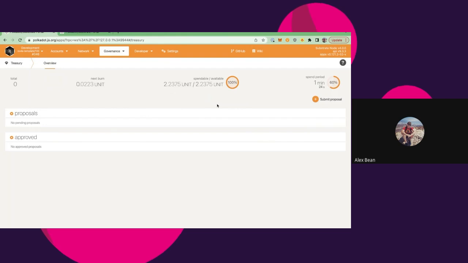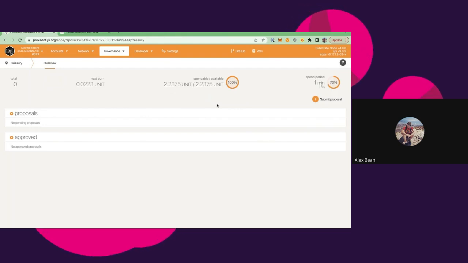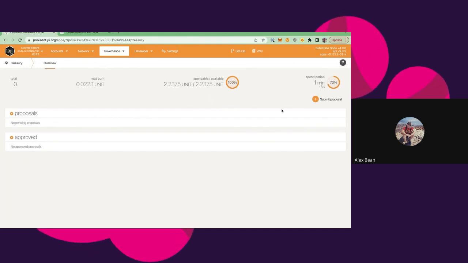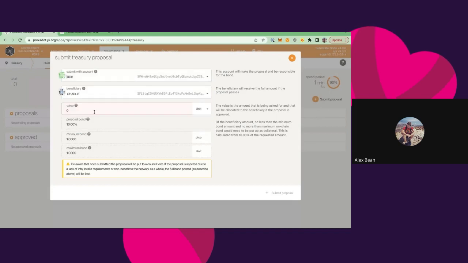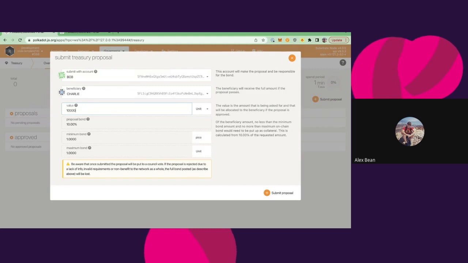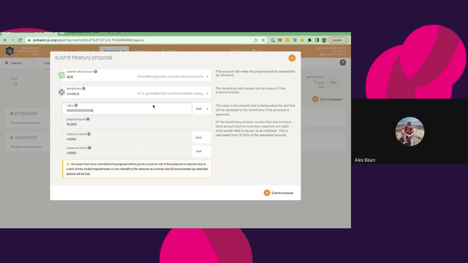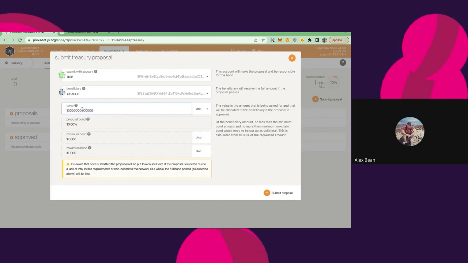Okay, so what we want to test now after this reserve is what happens when there is a negative imbalance and a positive imbalance. So we're going to make a proposal here with the treasury pallet. So let's say Bob wants to propose that Charlie receive 10 units from the treasury, and to do that, Bob has to bond 10% of what he's asking for.